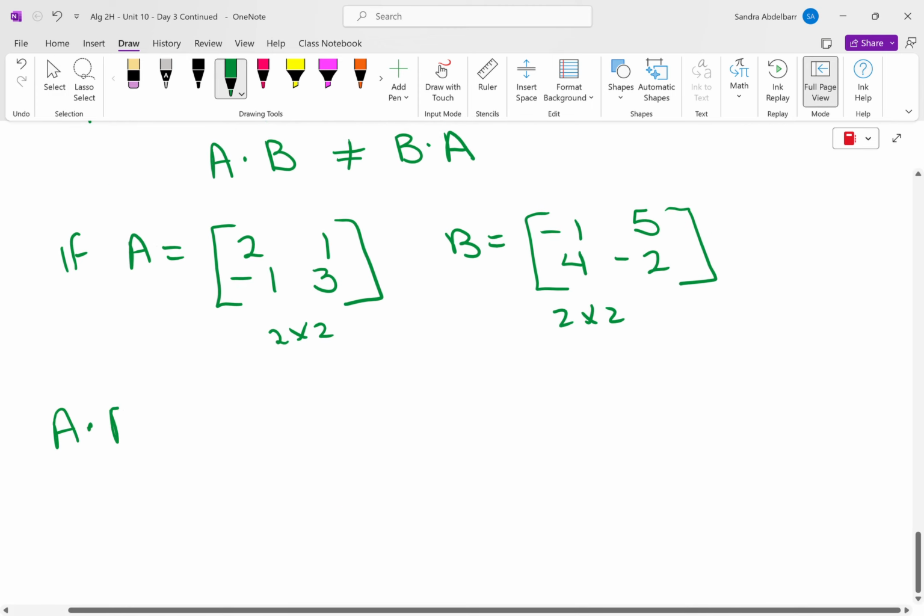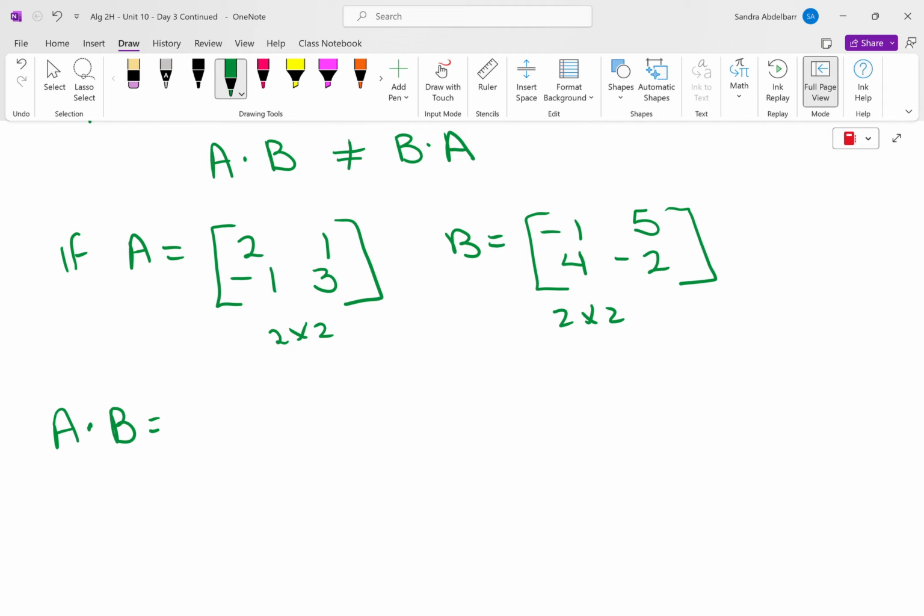We can multiply, right? I want this side of the class to multiply A times B, and this side of the class to multiply B times A, and see what we get.